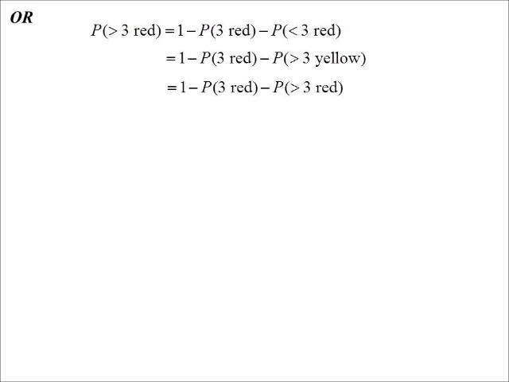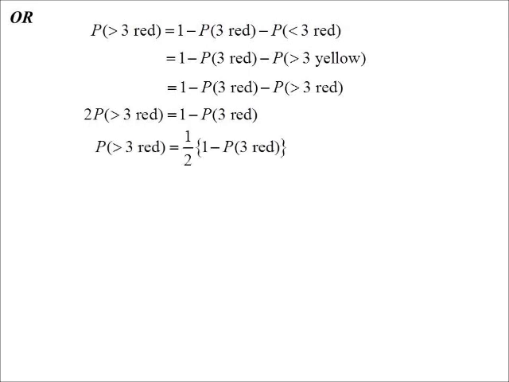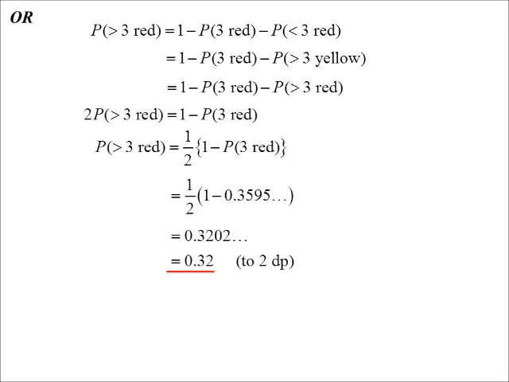I can now rewrite: 2 lots of the probability of more than 3 red is 1 minus the probability of 3 red, which we've already worked out. So I get a half of 1 minus the probability of 3 red, and we get the same answer, 0.32. A different way of thinking about it, coming up with the same answer. I thought that was quite an interesting question.